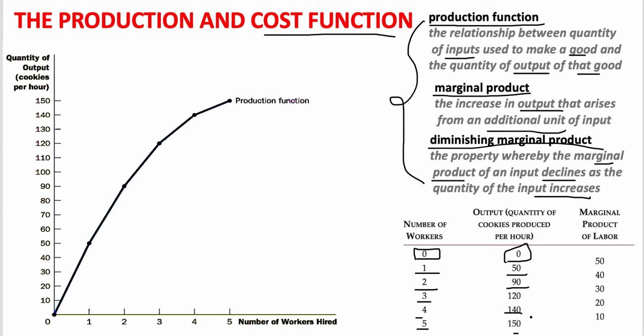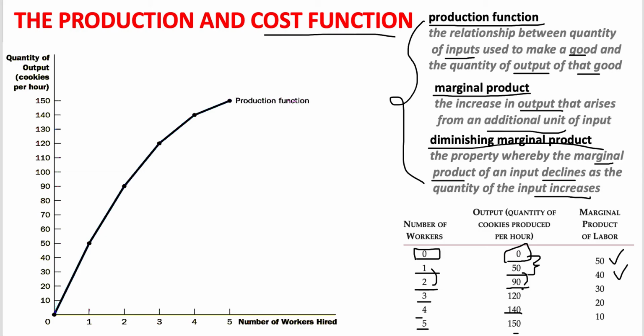So here we see the change from 0 to 1, when we include one labor, is 50. And if from 1 we increase to 2, the change is 40.